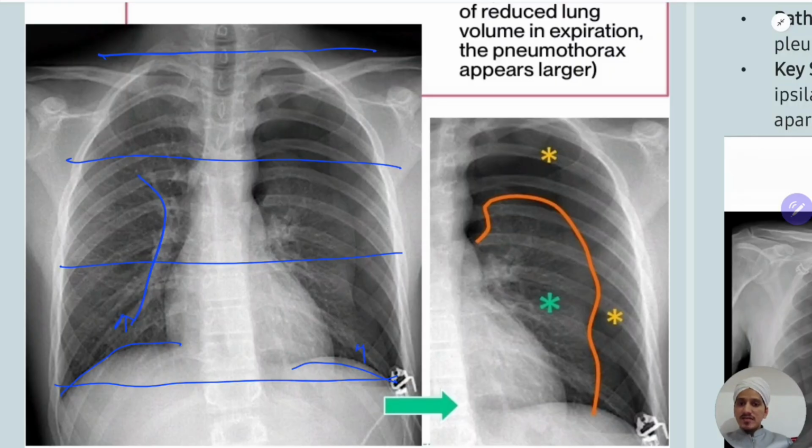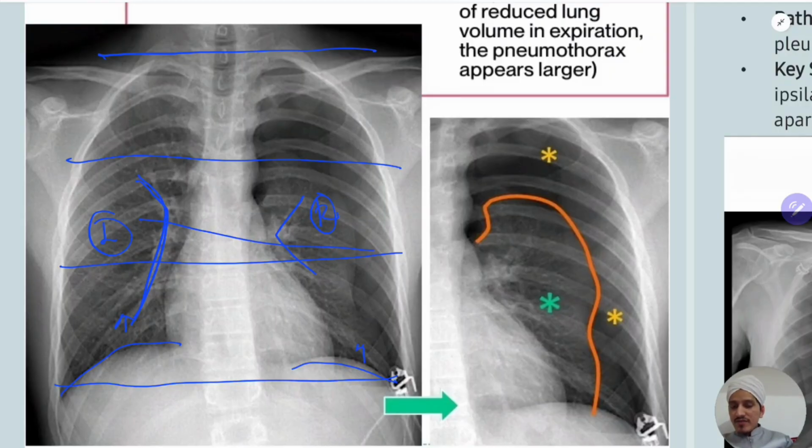See the hila. The hilum of the left side is usually lower than the hilum of the right side, but here the hilum is also reduced.